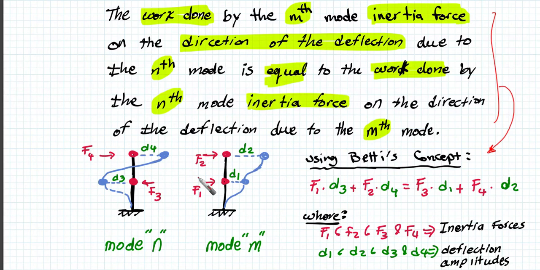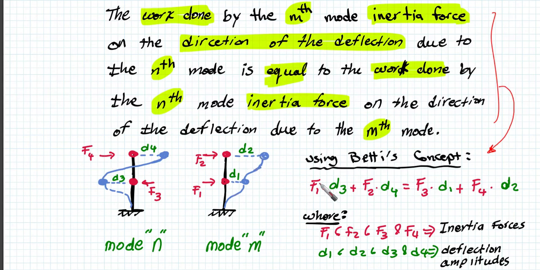But Betti's theorem tells us that these forces F1 and F2 of this mode, if we multiply them by the displacements D3 and D4 respectively, are going to equal the product of F3 times D1 plus F4 times D2.